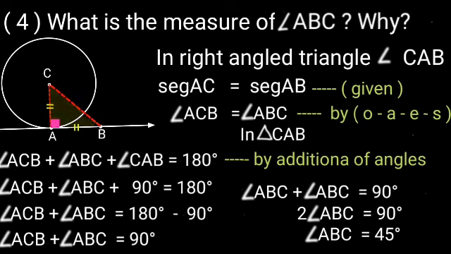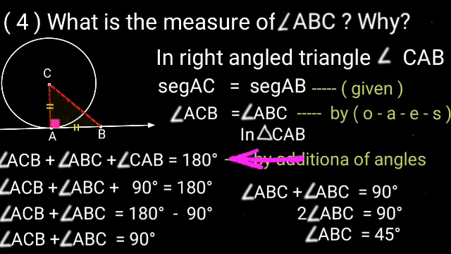Hence, angle ACB is equal to angle ABC because they are opposite angles of equal sides.